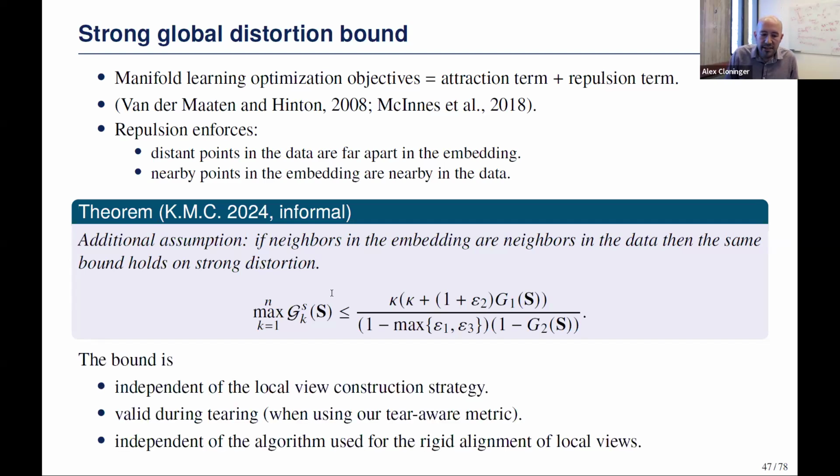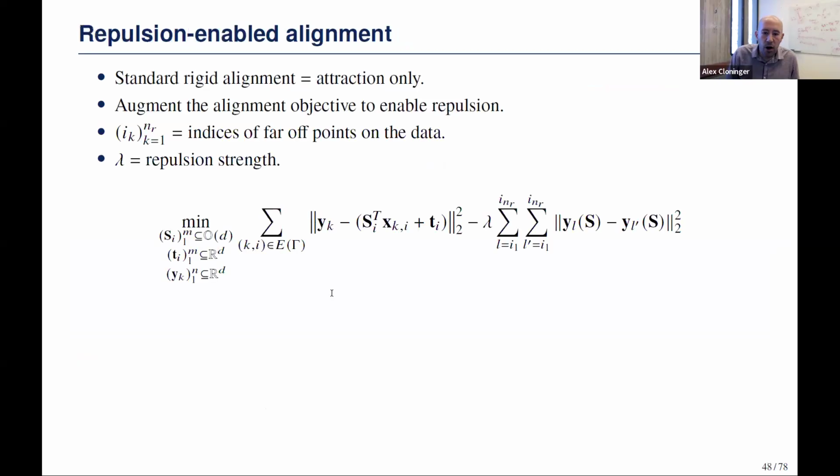Okay, and so what this motivates is one last little statement, which is we now have all of these tools: how do we initially lay down our points? How do we refine? How do we get nice local views? The one last thing we have to add is that you want to make sure that if two points were far apart in the data space, they're far apart in your embedding space.